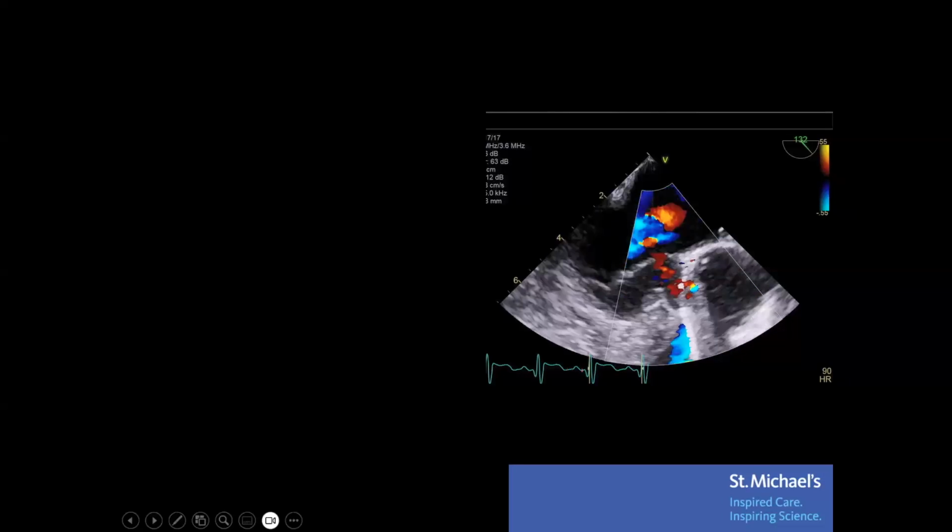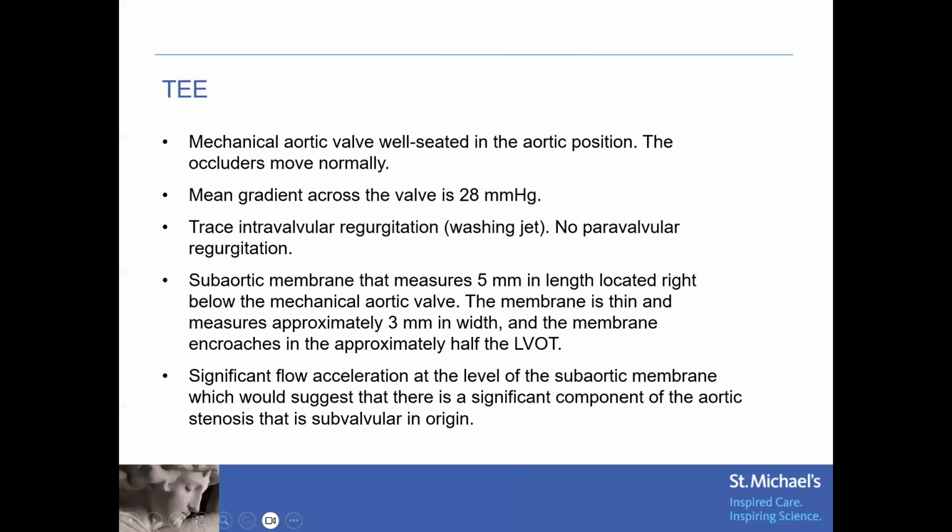So this is kind of interesting because ultimately with the transesophageal echo, we found that yes, there's an elevated mean gradient, but there was actually a subaortic membrane just below the valve, which was not visualized on the transthoracic echo. The membrane was quite thin, 5 millimeters in length and 3 millimeters in width, and encroached very high up into the LV, very close to the prosthetic valve.